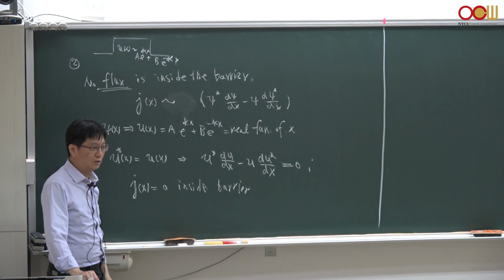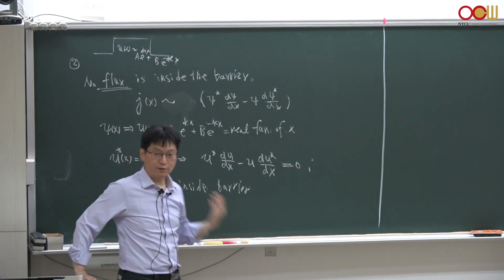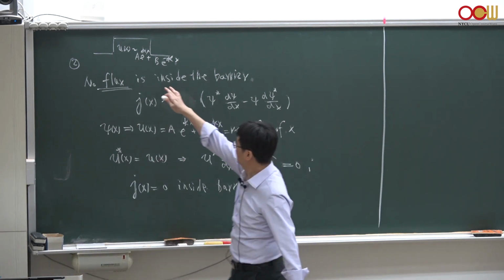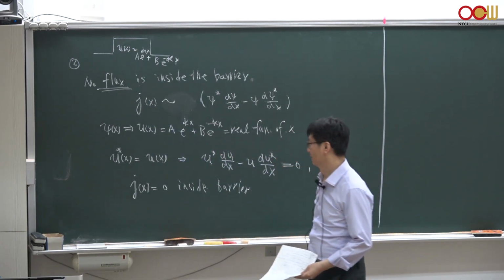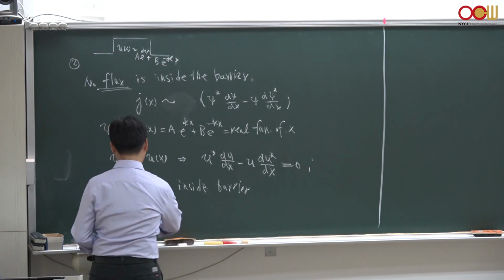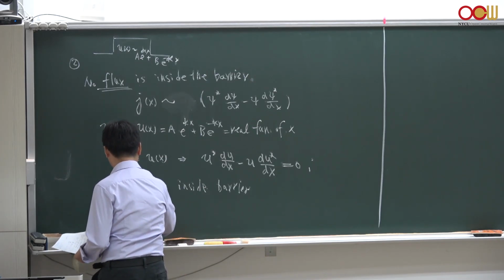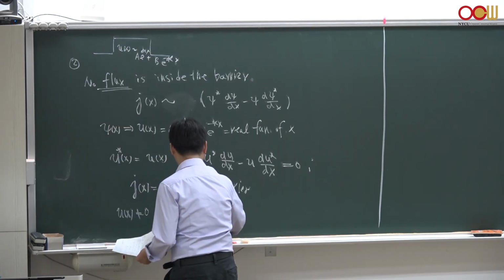Okay, but how come? How come you know the solution is there, but there's no flux? Okay, the solution is finite, but there is no flux.